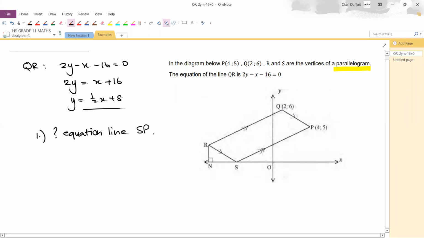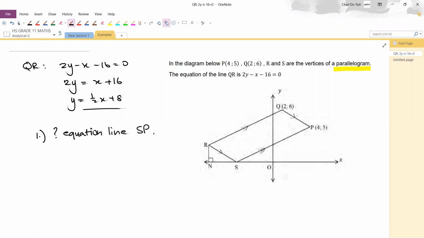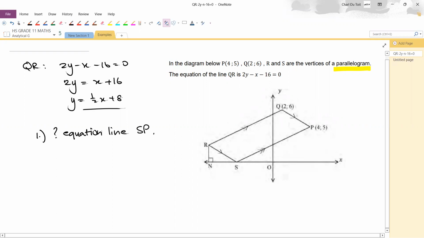What would the equation of the line SP be? Do you know how to do it? Don't you use the formula of y equals mx plus c?